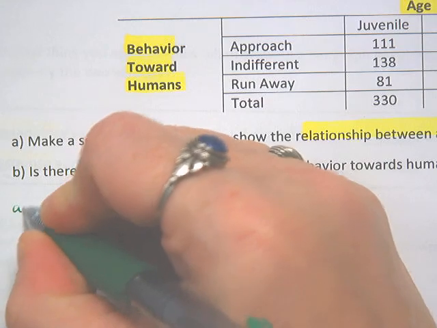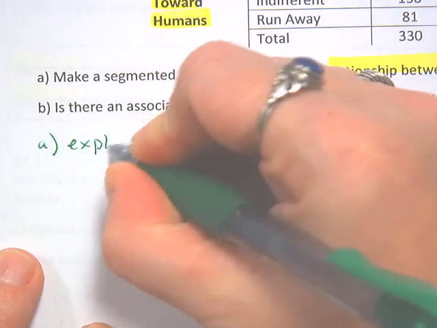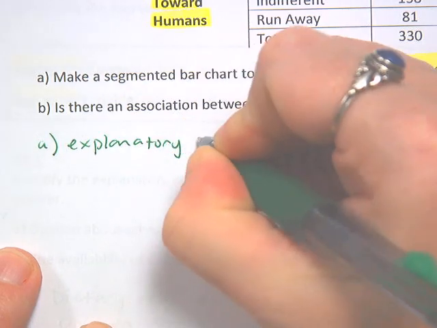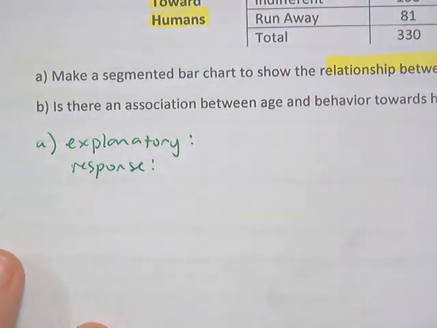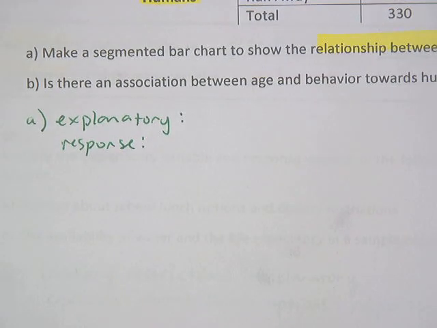then for part A, the very first thing that we must do is decide what the explanatory variable is, because that's how we're going to title our horizontal axis. It helps us know how to divide this up. So should we put a bar for approach, indifferent, and runaway, or should we put a bar for juvenile and a bar for adult?